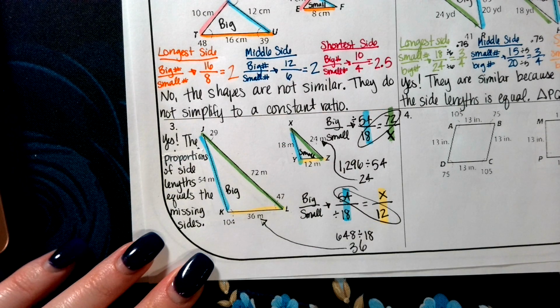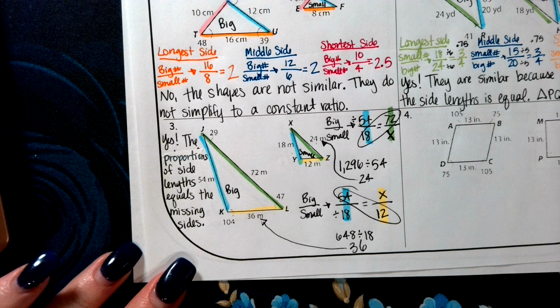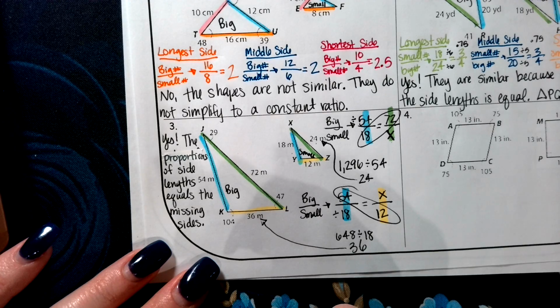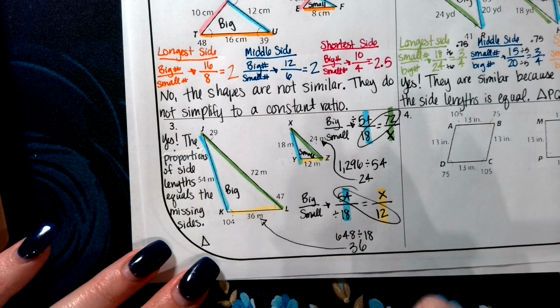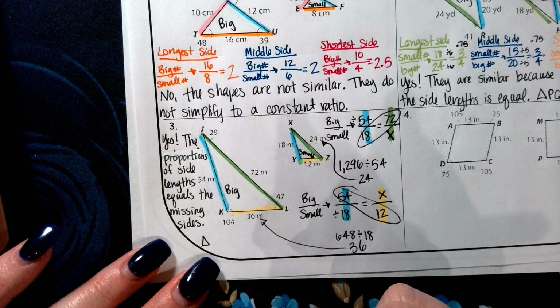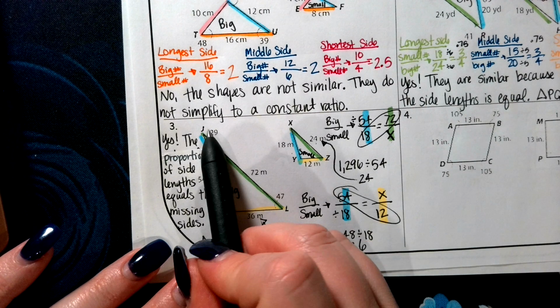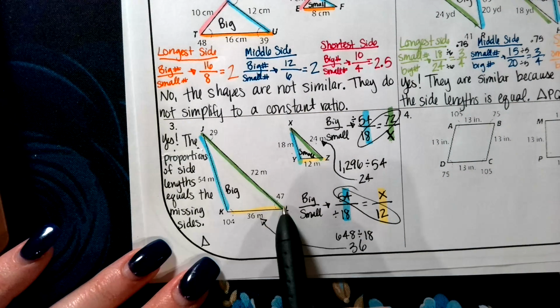So how would we write that mathematically? Triangle what? You want to name it alphabetically, so we'd say JKL. Triangle JKL is similar to, what's the other triangle's name? XYZ.